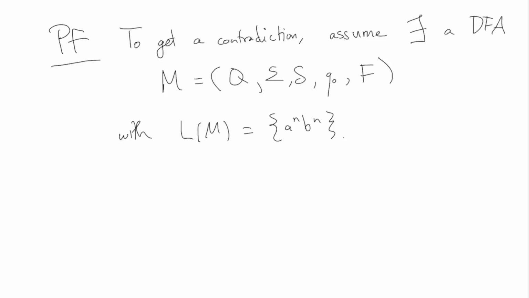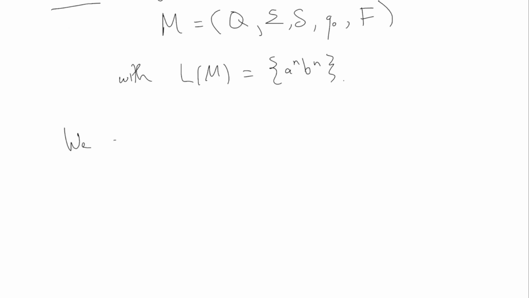Here's the idea. We consider this, which is going to look a little crazy, but it'll be fine. We consider this for various I. I don't know if you remember this formal description of the DFA, but the delta means what state do you end up in if you start here and then do this string in the diagram.